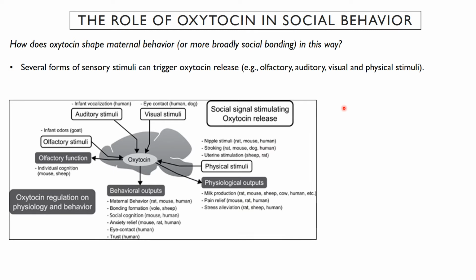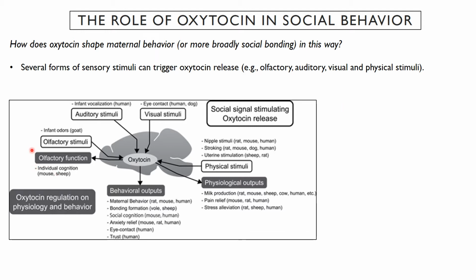So how does oxytocin shape maternal behavior, and more broadly, social bonding? Several forms of sensory stimuli can trigger oxytocin release. Clearly, this social interaction involves sensations. There are all kinds of things the animal is experiencing that would facilitate this bonding experience.